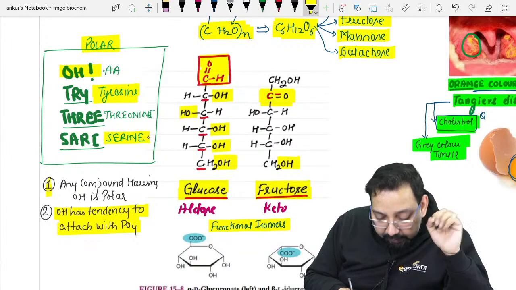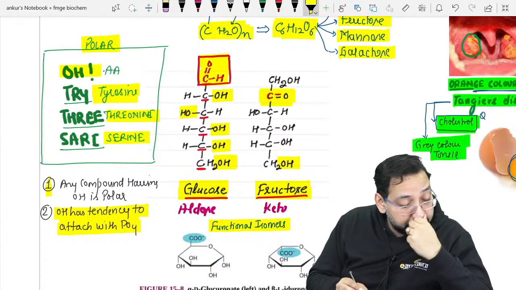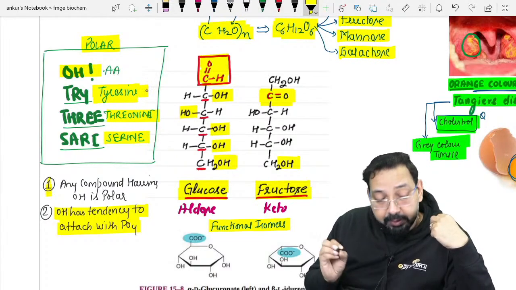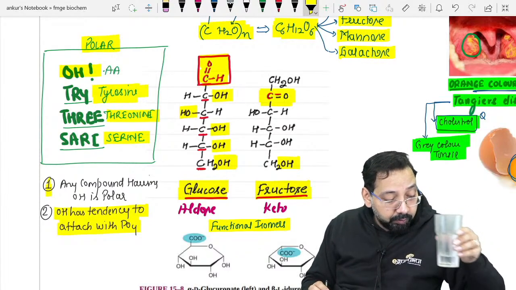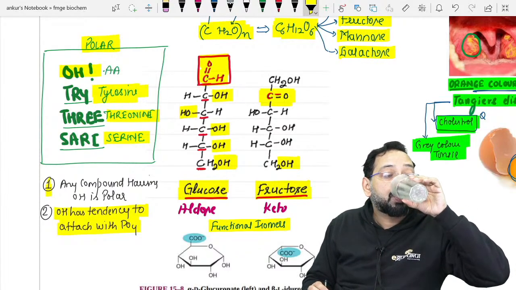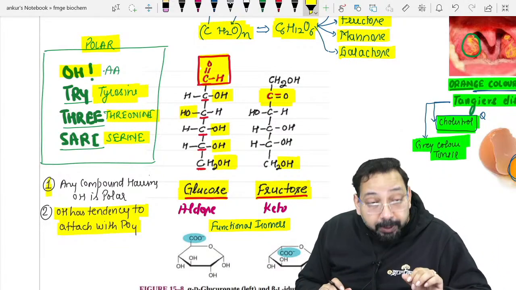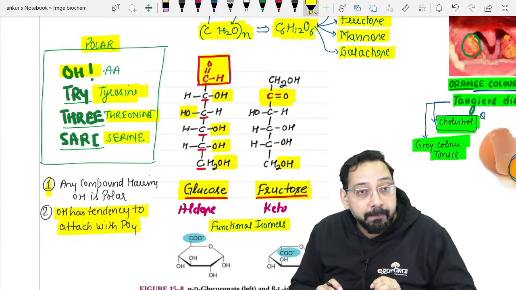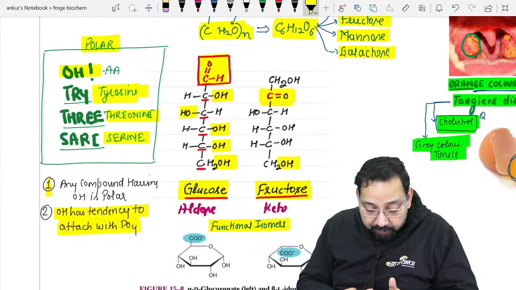So serine, threonine and tyrosine have a tendency to attach with phosphate. Which amino acid has a tendency to attach with phosphate?